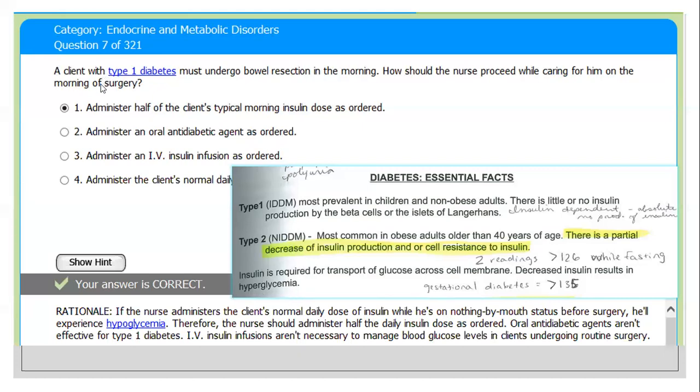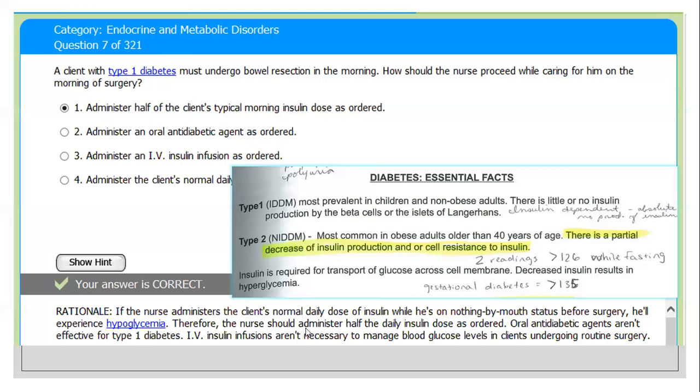In this question, the answer is to administer half of the client's typical morning insulin dose as ordered. Why do we choose this as the answer? The rationale says that if the nurse administers the client's normal daily dose of insulin while he is on nothing-by-mouth status before surgery, he will experience hypoglycemia if he takes the full dose.